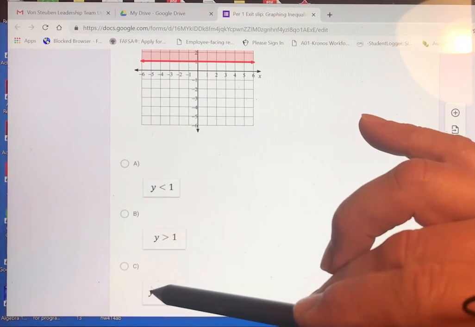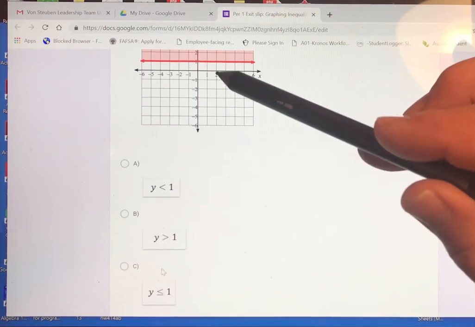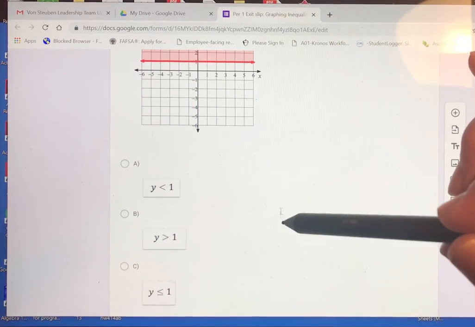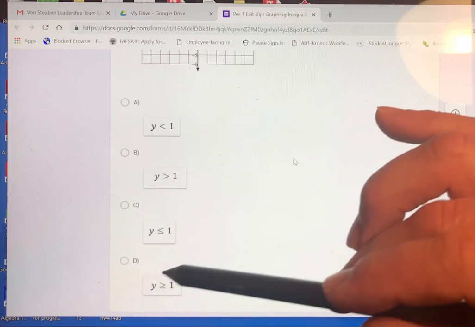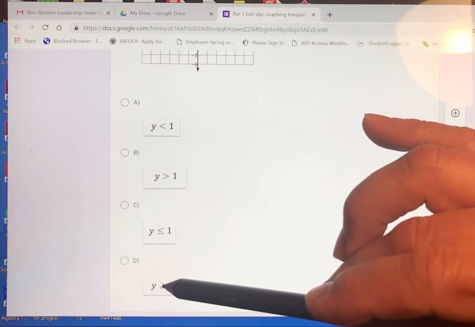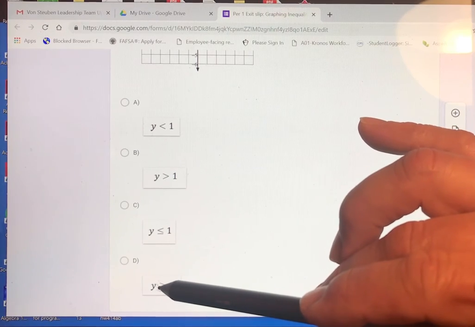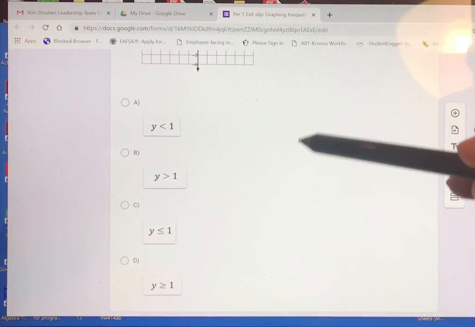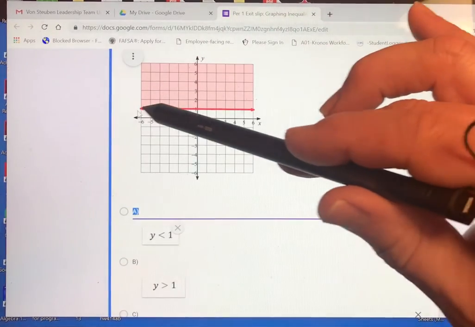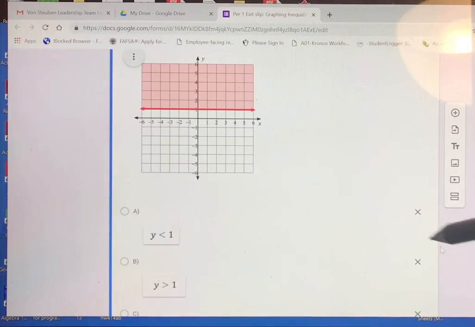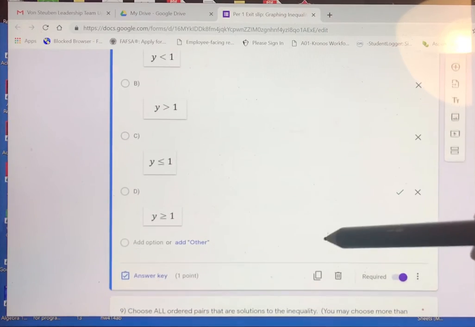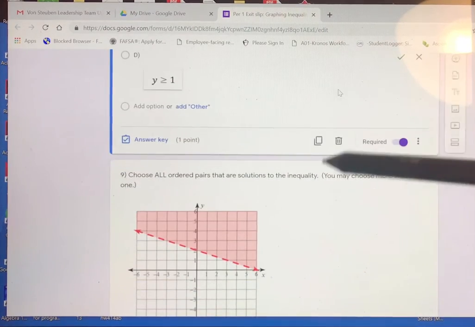C would be the line and everything below it. And then letter D would be y is greater than or equal to 1. So that's where we get a solid line and we get everything above it. So the correct answer should be letter D.